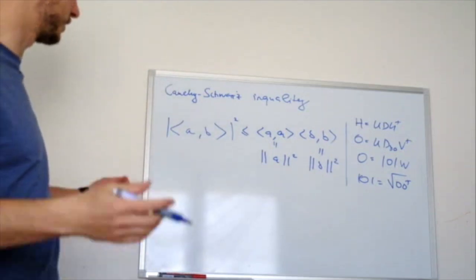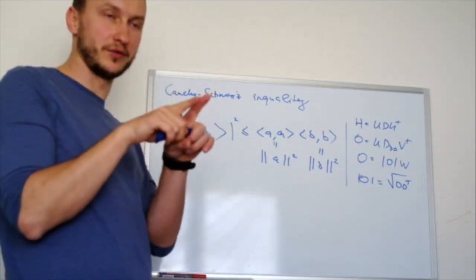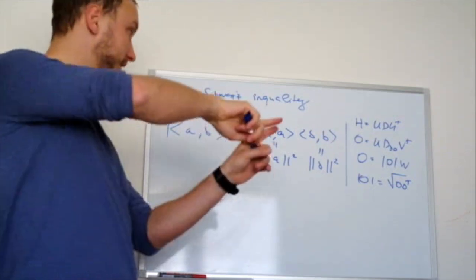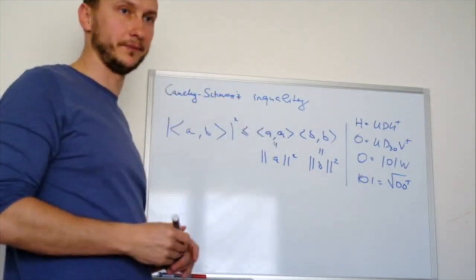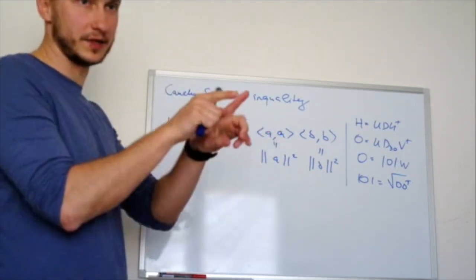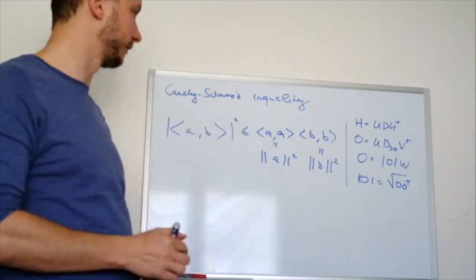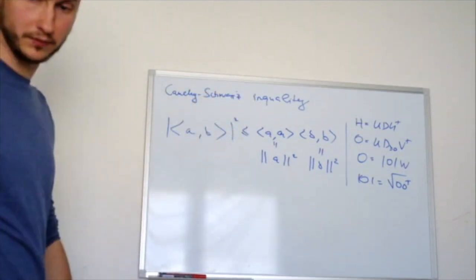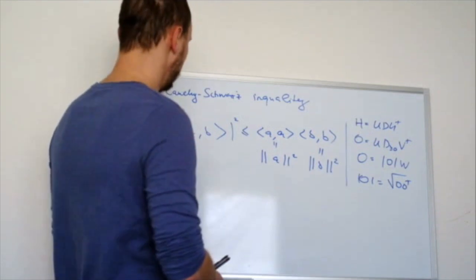So in vector spaces, it just means that if you have the scalar product of two vectors, it cannot be bigger than the product of their lengths, right? Because it's the product of lengths times the cosine of the angle.